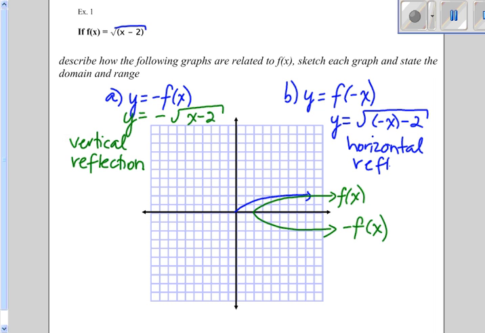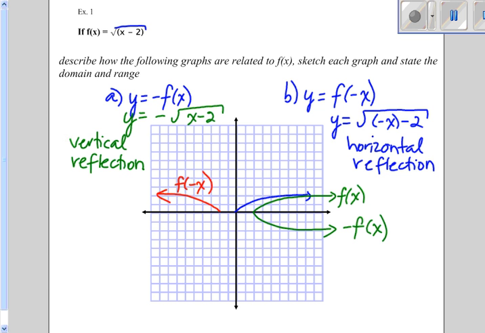Horizontal reflection is a reflection from left to right. So anything that was going right now goes left. Anything that goes left goes right. And it's a reflection across the y-axis. So I used to start 2 to the right. I now start 2 to the left. That is my function f at minus x.